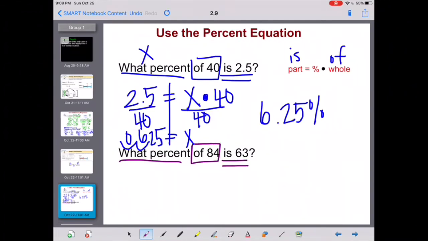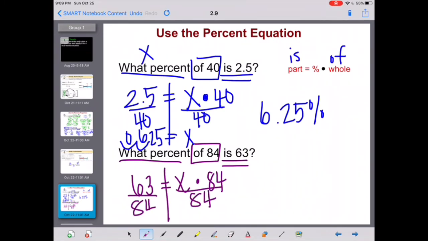Okay, working on the second example. What percent of 80 is 63? So my part is 63. I don't know my percent, but my whole is 84. So to get x by itself, I'm going to divide by 84.